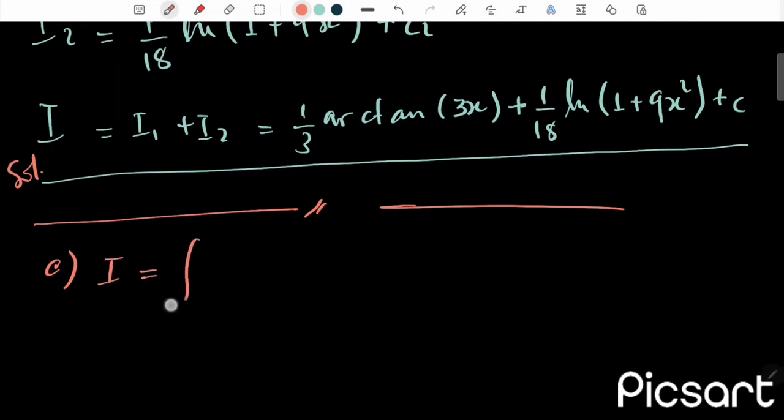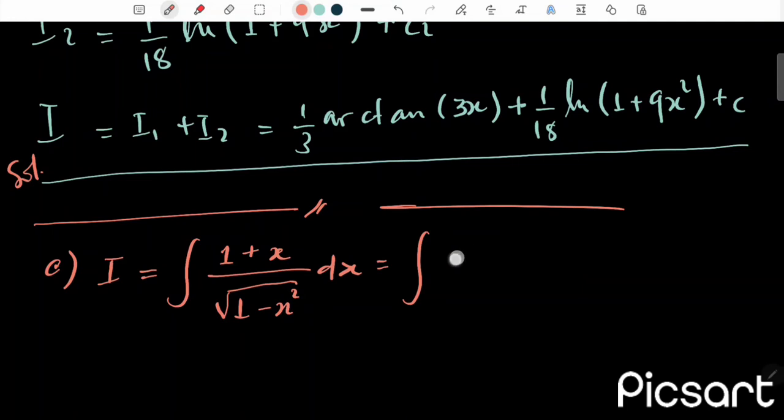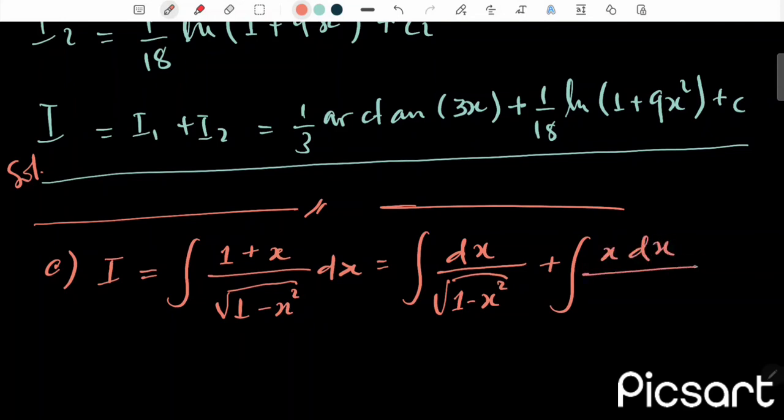C is I equal to the integral of (1 plus x) over the square root of 1 minus x squared dx. Again, here we can rewrite this integral as the integral of dx over the square root of 1 minus x squared plus the integral of x dx over the square root of 1 minus x squared.